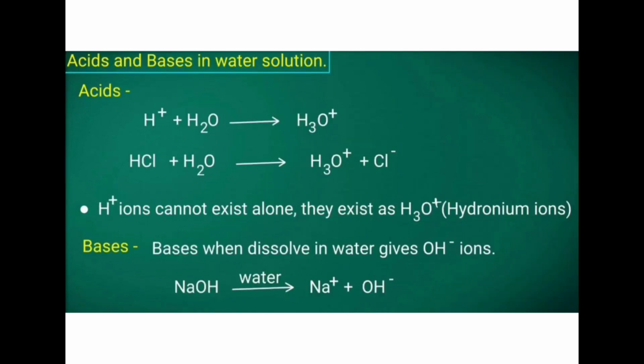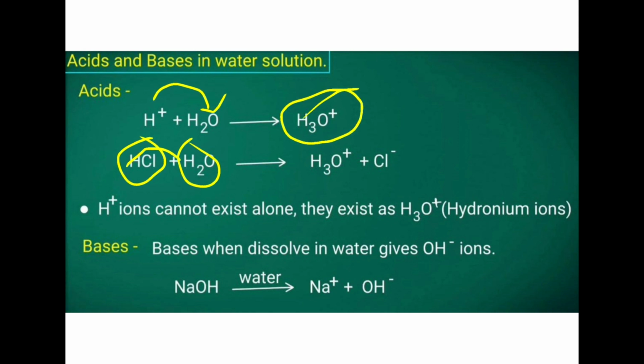Then next, when we mix acids and bases in water, what actually happens? When we mix HCl in water, HCl splits into H plus and Cl minus. But H plus cannot survive alone, so it combines with H2O and produces the hydronium ion, H3O plus.